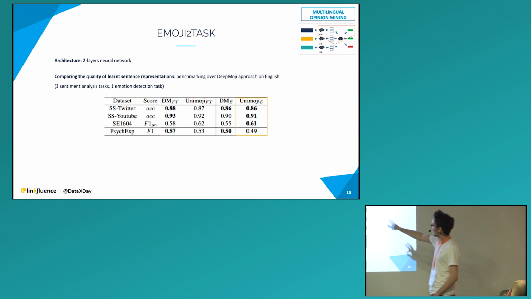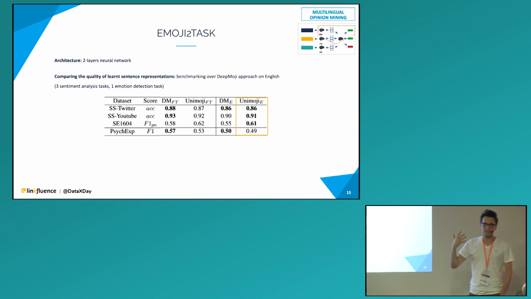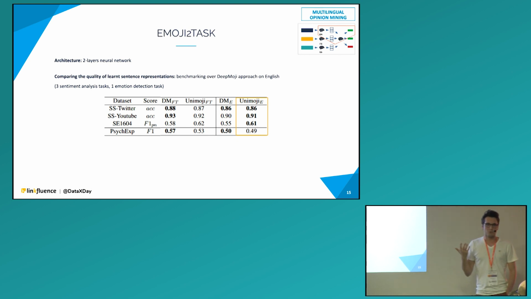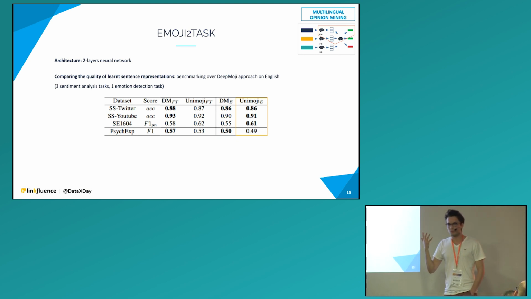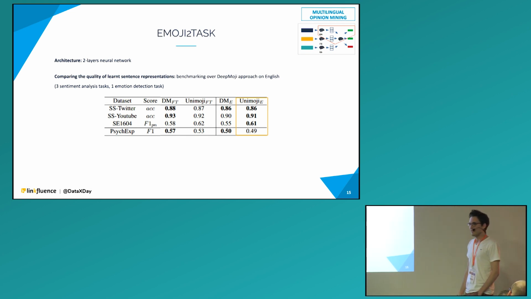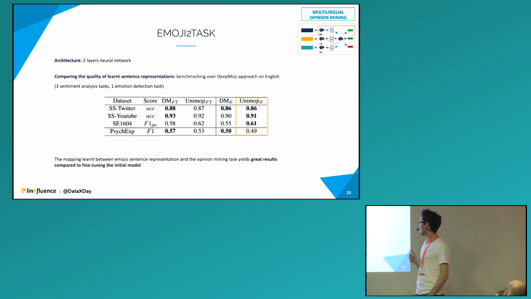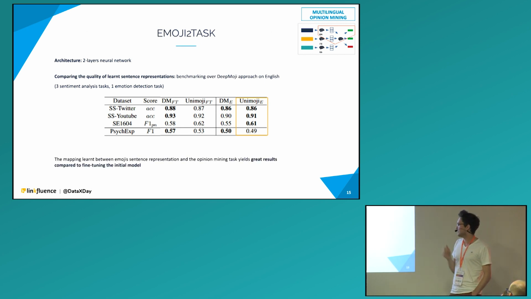And when we compare these results to the original approach with fine-tuning, we can see that the results are quite below, because we're based only on an emoji representation and not on the whole text representation. But that was acceptable for us, because we would then be able to verify whether we can generalize to multilingual opinion mining tasks. So yeah, the opinion mining task yields great results compared to the fine-tuning task.